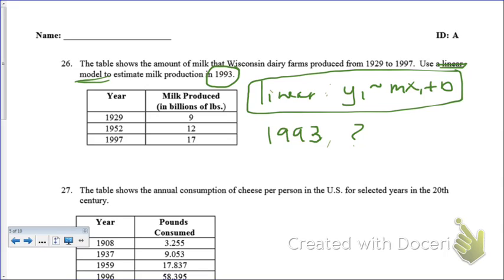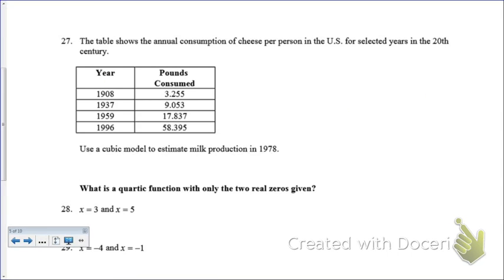Number 27 is going to be very similar to that. It wants you to give a cubic model and then find out what happened in 1997.